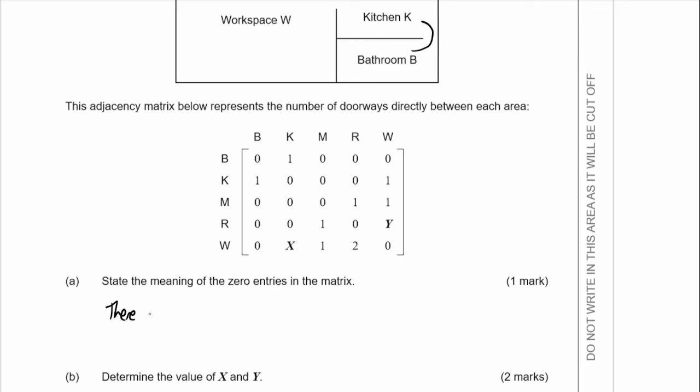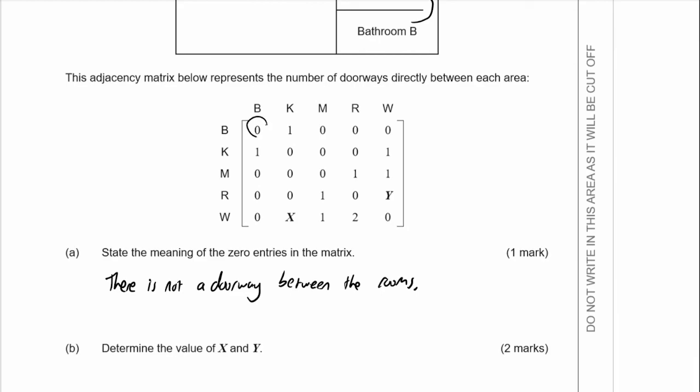Well, that just means there is not a doorway between the rooms. What you'll also notice is that the lead diagonal is all zeros because there's no doors in the room leading to itself, because that doesn't make sense.